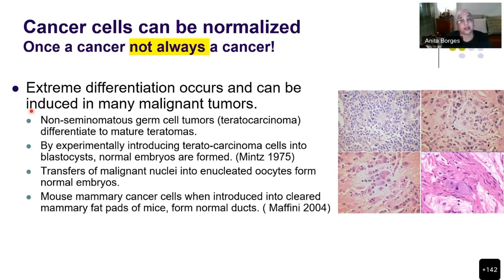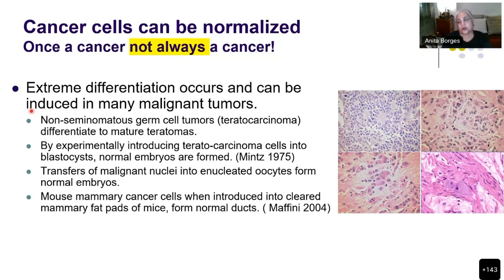And if you think that this is just anecdotal or whatever, experiments have shown that you take teratocarcinoma cells, which would otherwise kill the animal, and put those cells into blastocysts from other animals of the same species. You take teratocarcinoma cells from mice and you put them into blastocysts. And you know what you get?